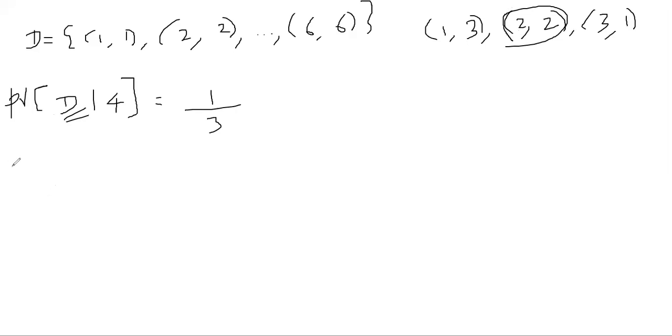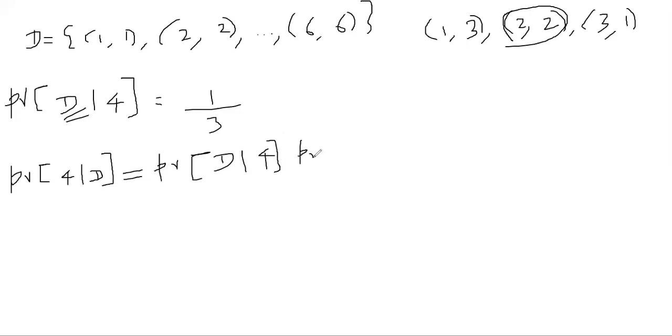Let's use Bayes' theorem to compute probability of 4 given d. For given d, it is probability of d given 4, which we have already computed, times probability of 4, divided by probability of d.